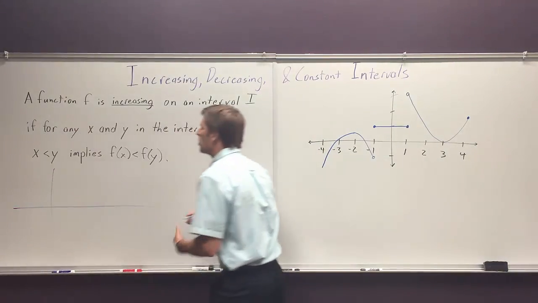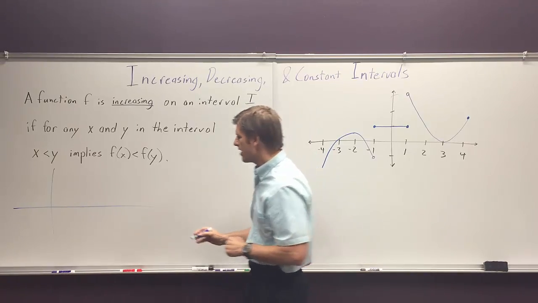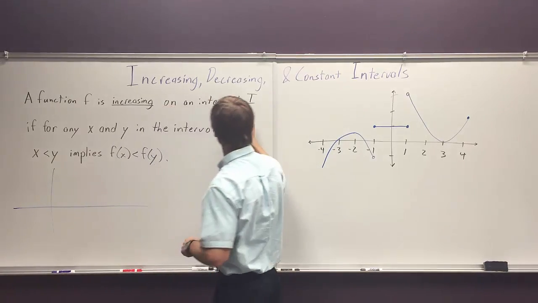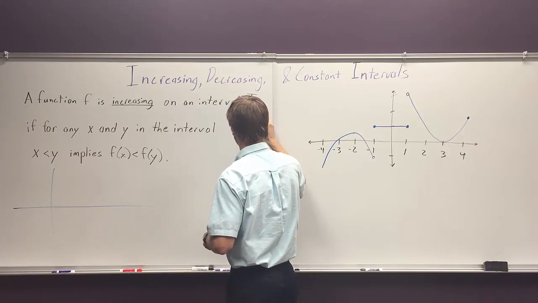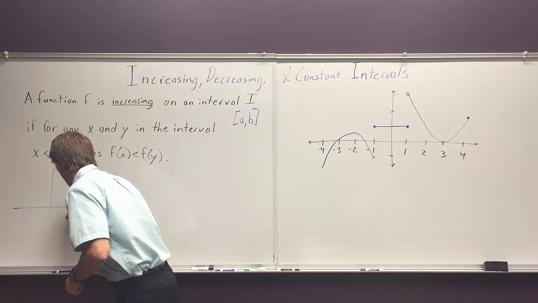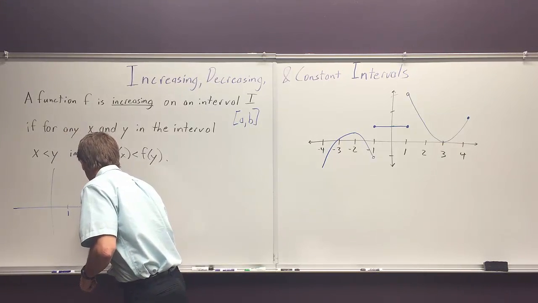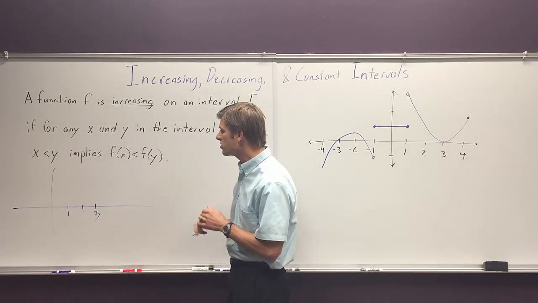Let's say you want to have an interval. Remember, an interval would be something like this, a closed interval from A to B. So let's say the closed interval from 1 to 3, you had the function increasing.